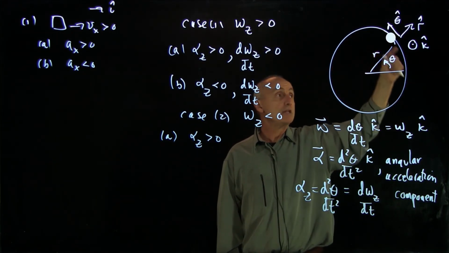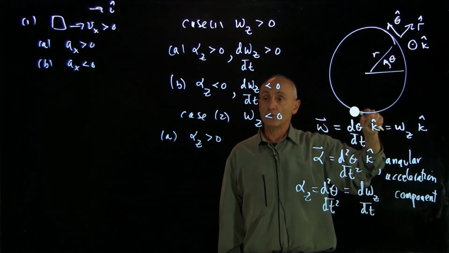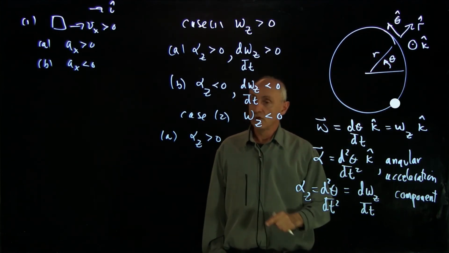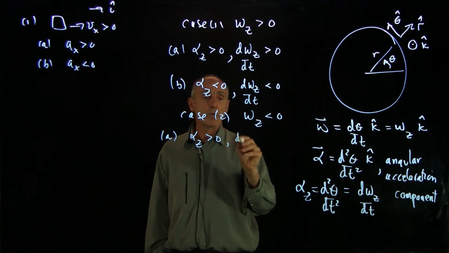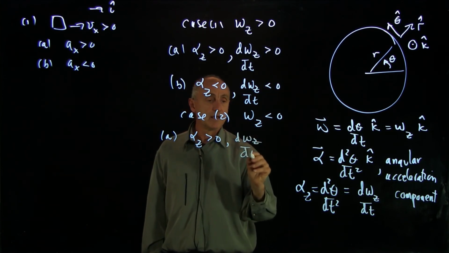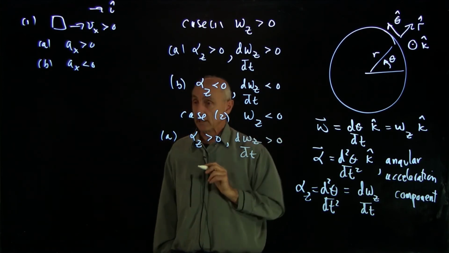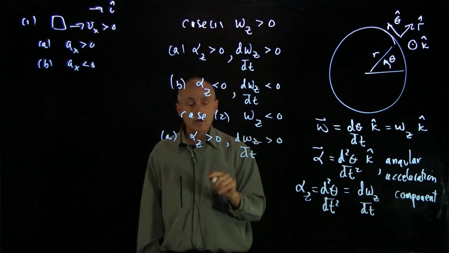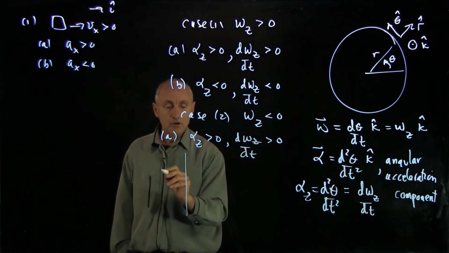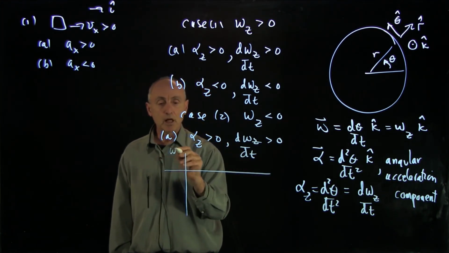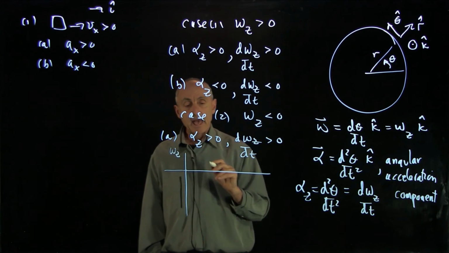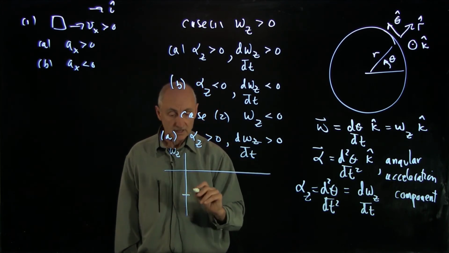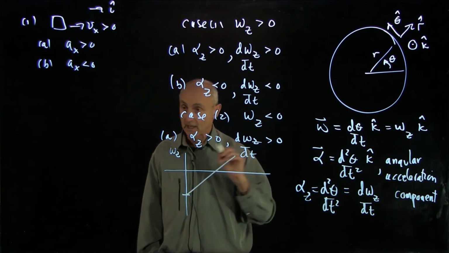And if alpha z remains positive, it will actually come to rest and then reverse its motion and start to speed up. So this is the case where d omega z dt is increasing. Something like that could correspond to plotting omega z for an object that starts off with a negative omega z and increases.